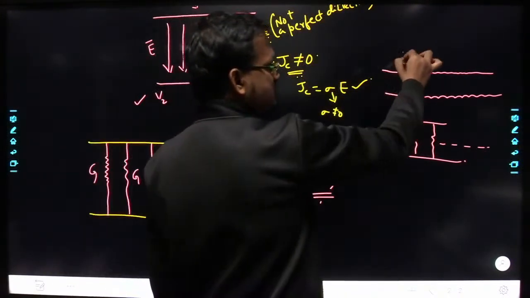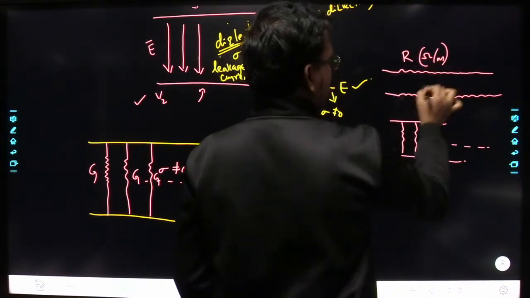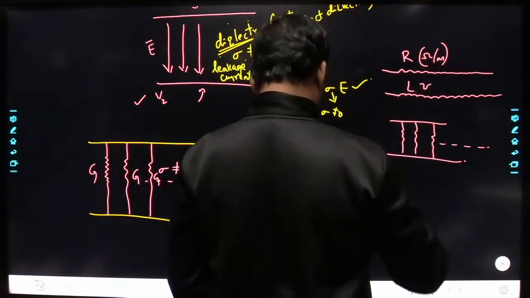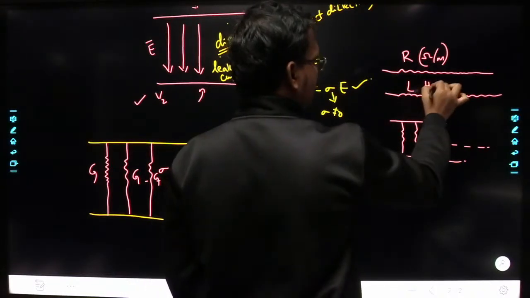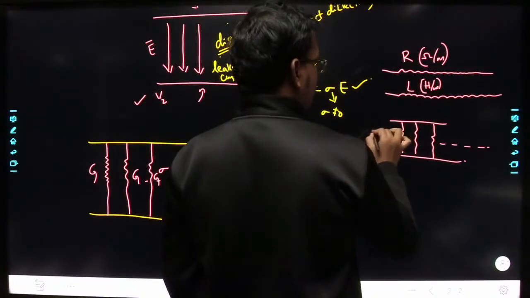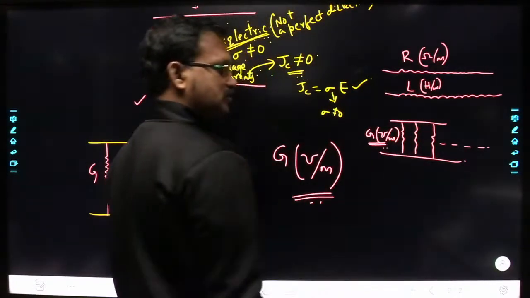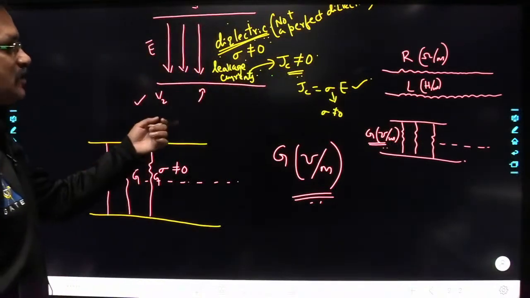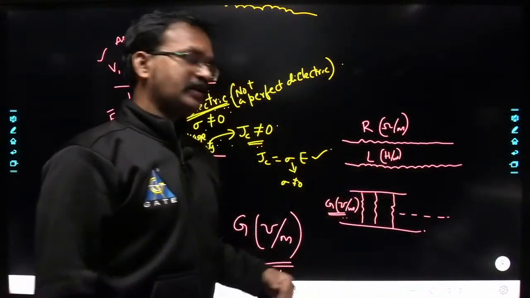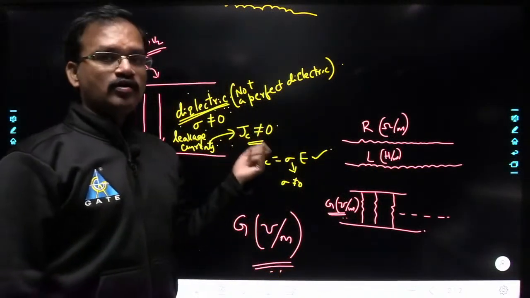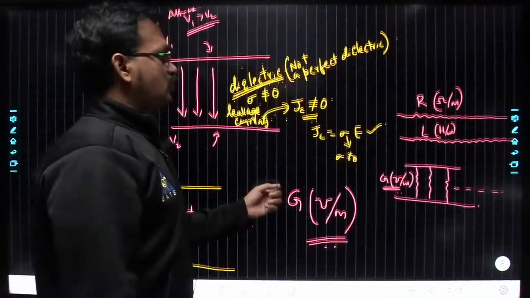The units of resistance are ohm per meter, the units of inductance are Henry per meter, and the units of conductance are mho per meter. Right? This distribution of inductance you will understand clearly if you followed my Faraday's law lecture. Understood?